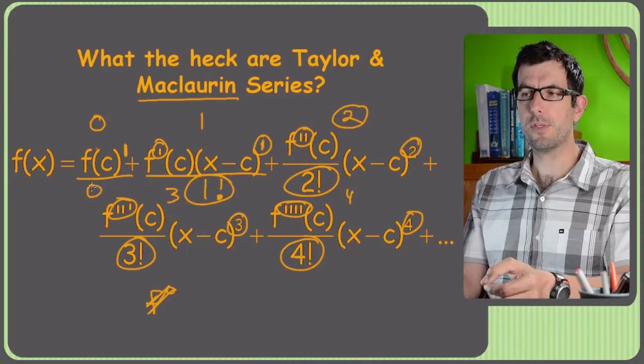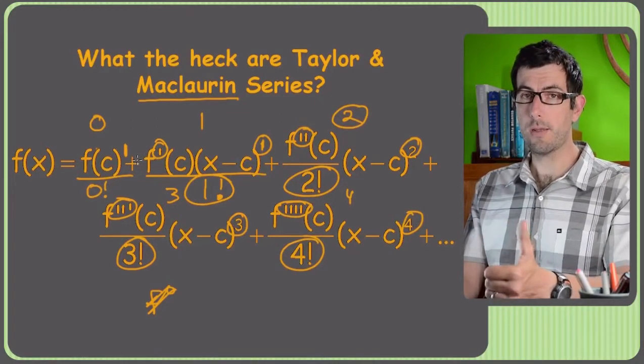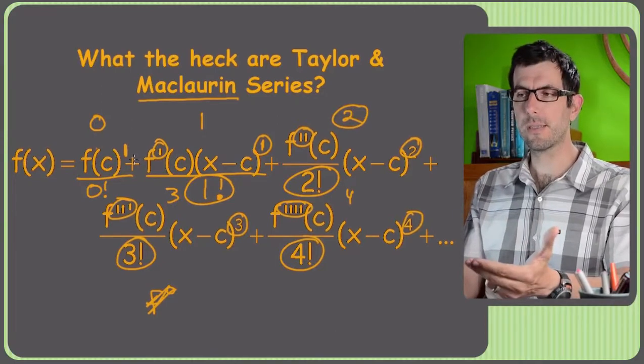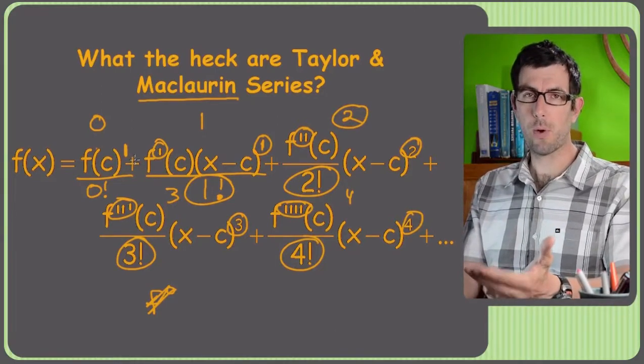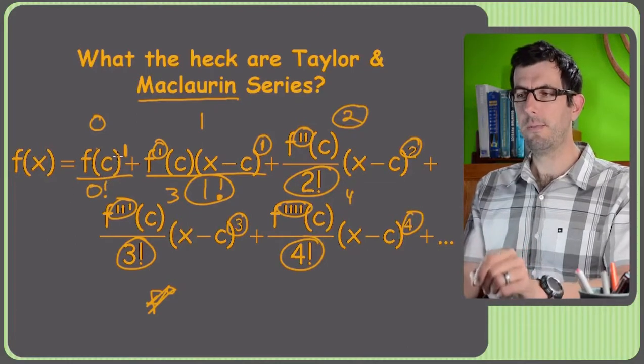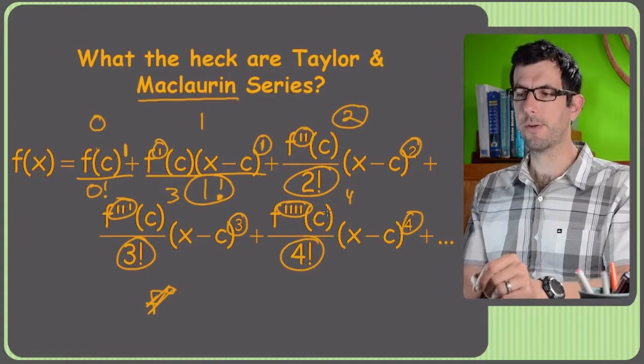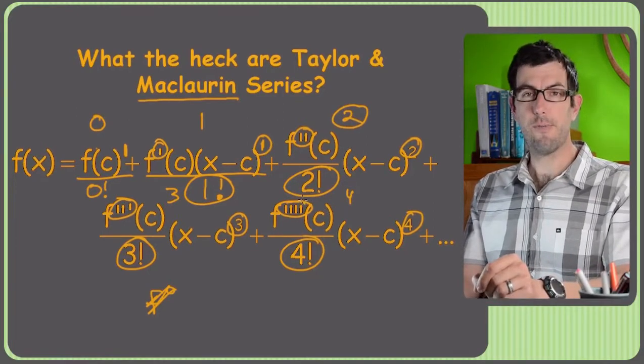And then if you throw a 0 factorial underneath it, 0 factorial is actually 1. That's one of those weird by-definition things, kind of like anything raised to the 0 power is 1. 0 factorial is also 1, which is kind of funky, but it explains how each of these terms is really just like all the others. Alright, so that's the formula.